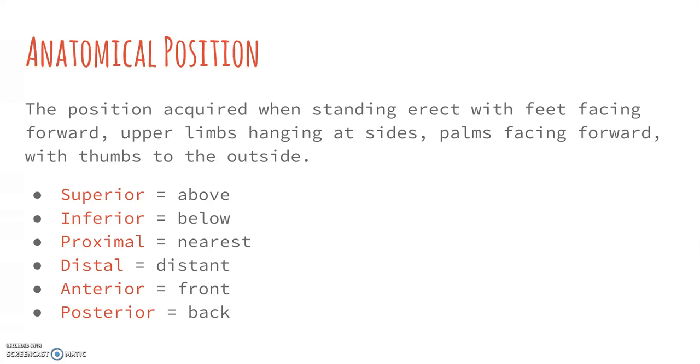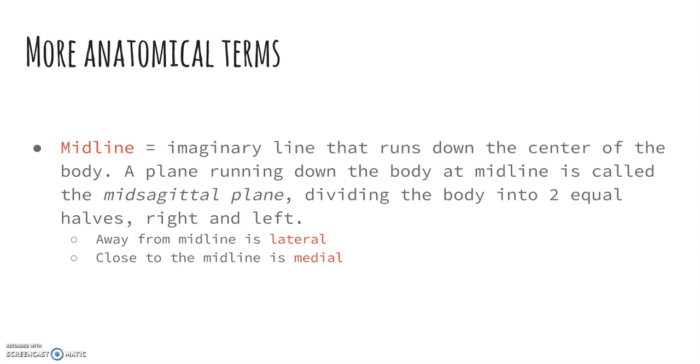If we're talking about your limbs, like your arms and legs, we use terms proximal to mean more near and distal to mean more far away or distant. Anterior means the front and posterior means the back. Midline is the imaginary line that runs down the center of your body, separating the right from the left.